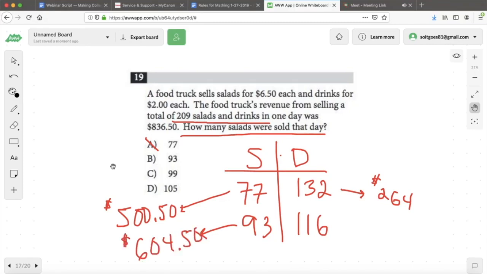Yes. All right. And how much from the drinks? 232. Does that add up to 836.50? Yes. Heck yeah, it does. We can confirm it's answer choice B.